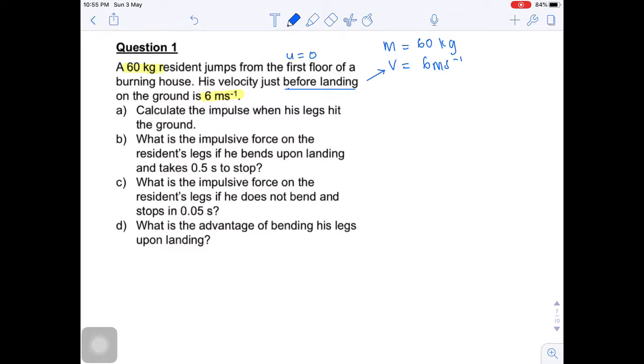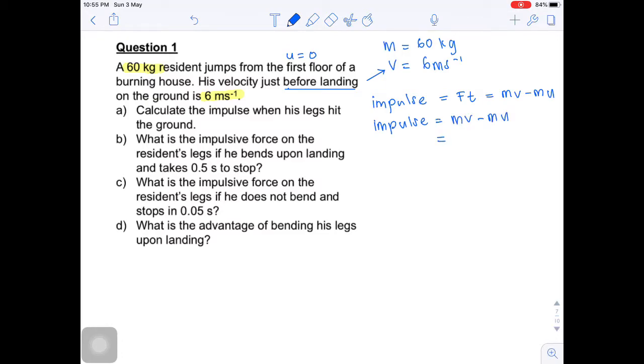A. Calculate the impulse when his legs hit the ground. Okay, what is the formula for impulse? Impulse is equal to Ft, equal to mv minus mu.